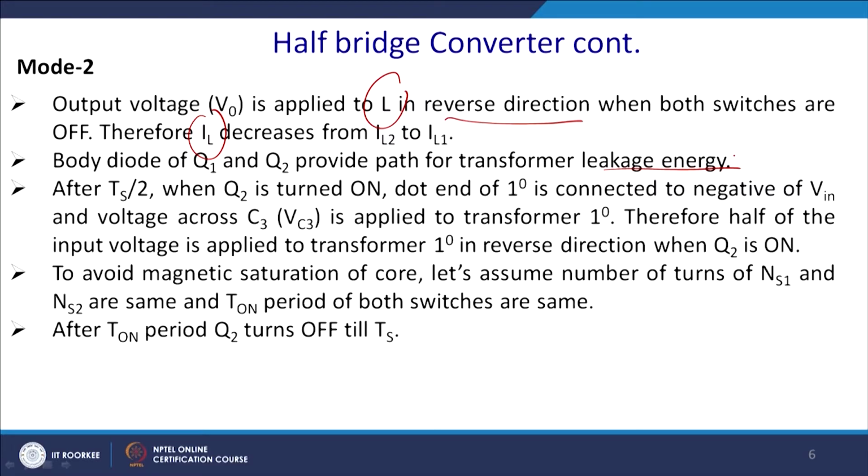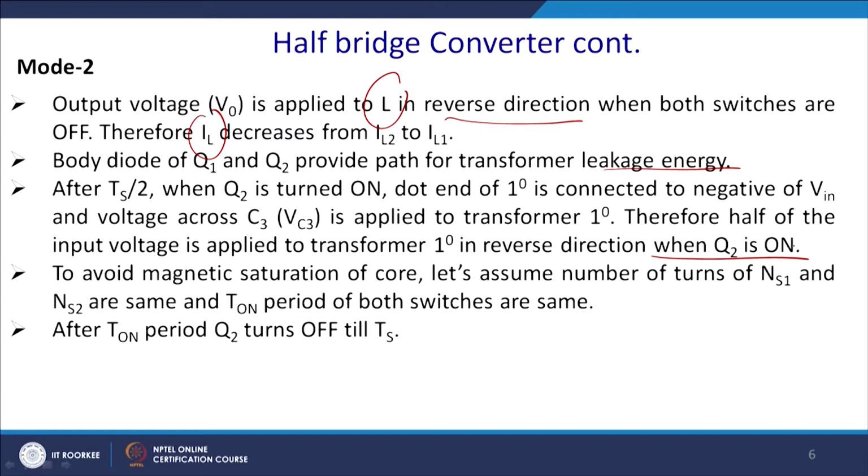After Ts by 2, when Q2 is turned on, the dot end of the transformer primary is connected to the negative of Vin. Input voltage is applied to the transformer primary in the reverse direction when Q2 is on.